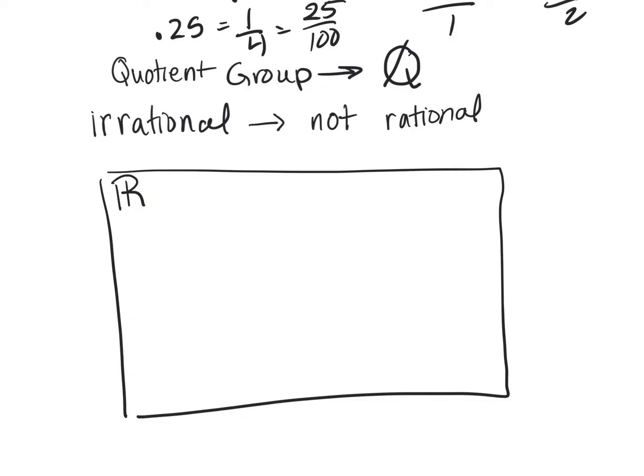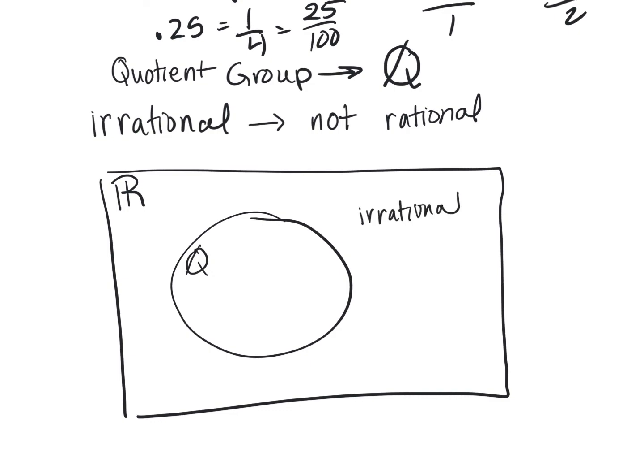If this is the whole real number system, here are the rational numbers in here. The irrational numbers are out here. There's no overlap. Inside the rational numbers, you have the integers. Inside the integers, you have the whole numbers.